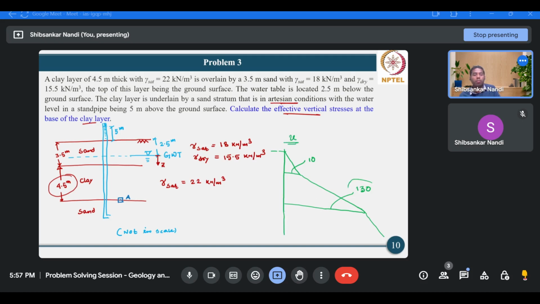Okay, so this is 130. So above the base, it will be simply gamma w and z, but starting from the base, it will be due to the artesian condition, because the lower sand stratum is under artesian conditions with the water level in the standpipe being 5 meter above the ground surface.